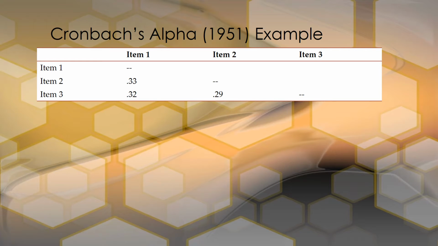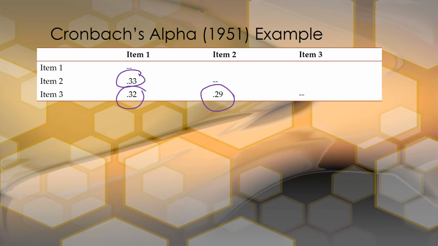Between item 1 and item 2 is 0.33, and then the correlation between item 1 and item 3 is 0.32, and the correlation between item 3 and item 2 is 0.29.